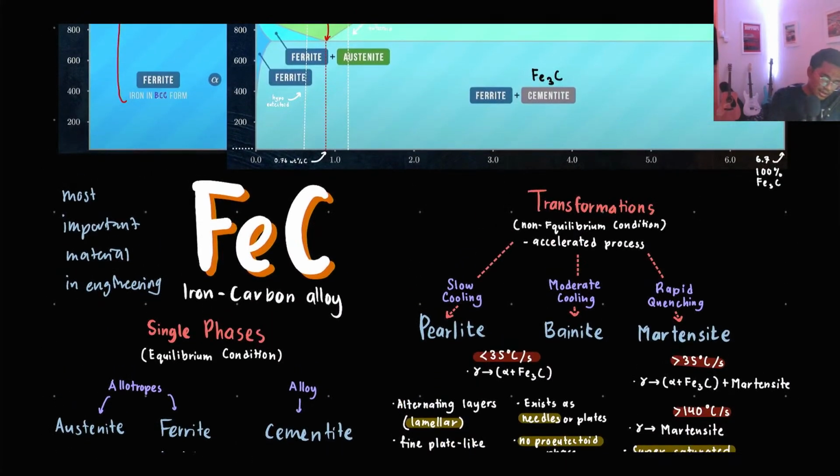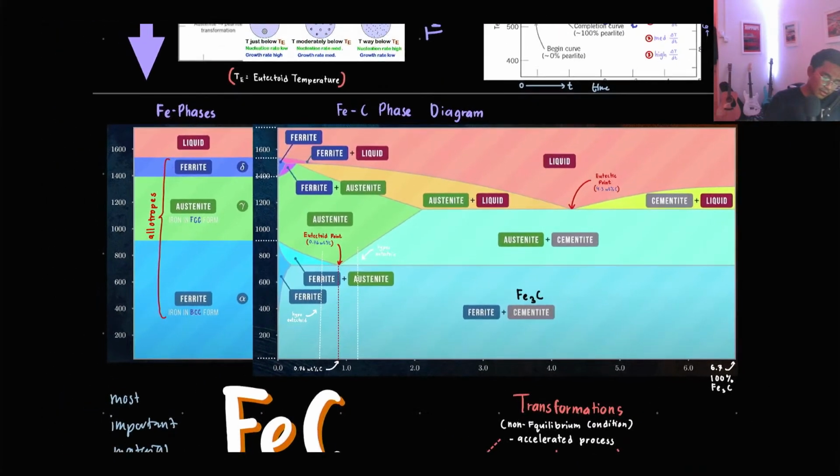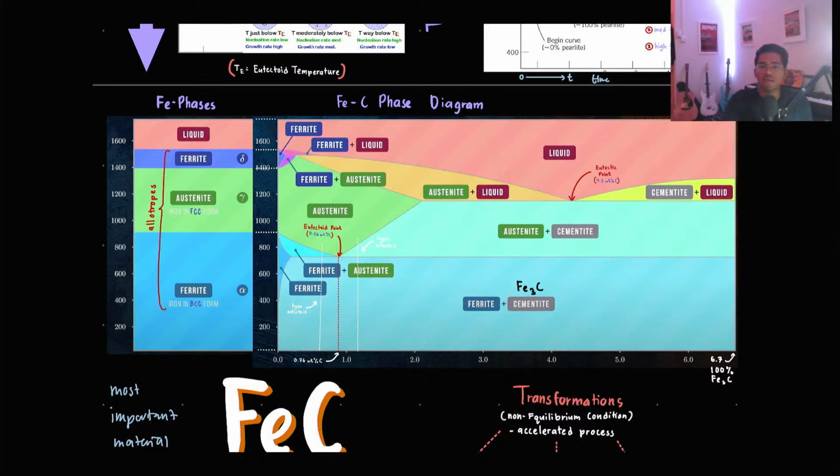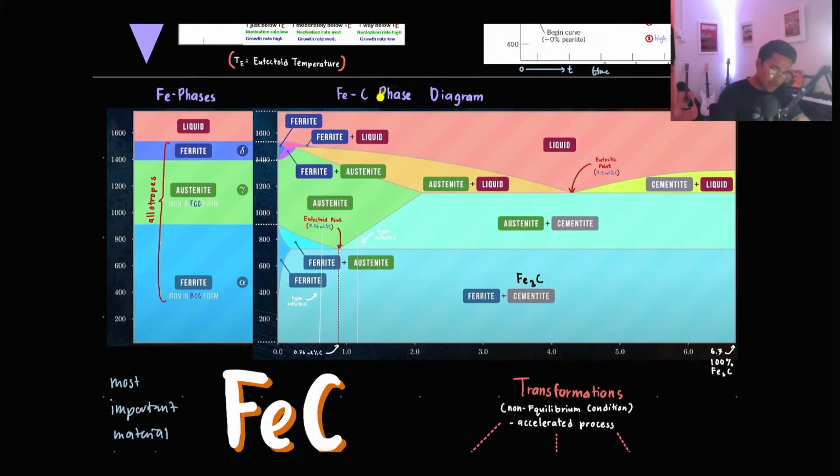So Fe-C is iron carbon alloy. Okay, so let me explain on the phases. There are two things that you guys need to understand properly, which is the phase and the phase diagram.